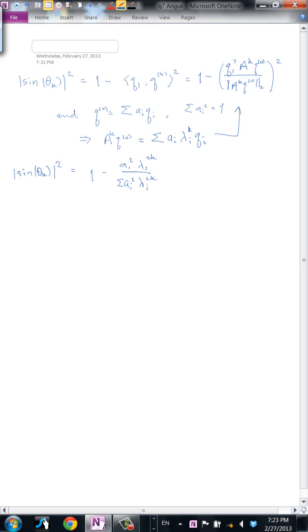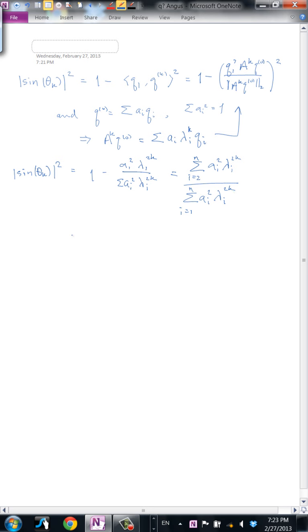And now bringing the 1 into the fraction, this is just equal to the sum from i equals 2 to n of ai squared lambda i to the 2k divided by the full sum, the sum of i equals 1 to n of ai squared lambda i to the 2k.